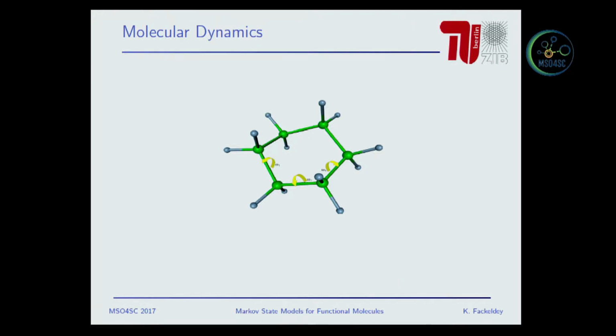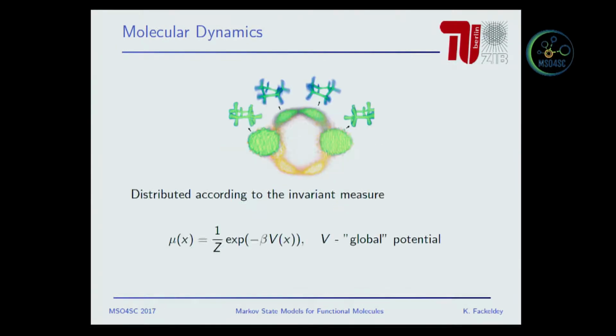example? This is cyclohexane, and we are doing a simulation and collecting once again this data, and we get something like a probability cloud. You can find here these clouds, and this cloud represents the number of states being in this state, comparable to this.